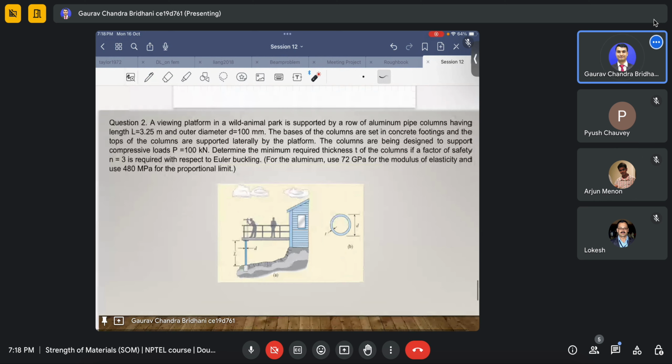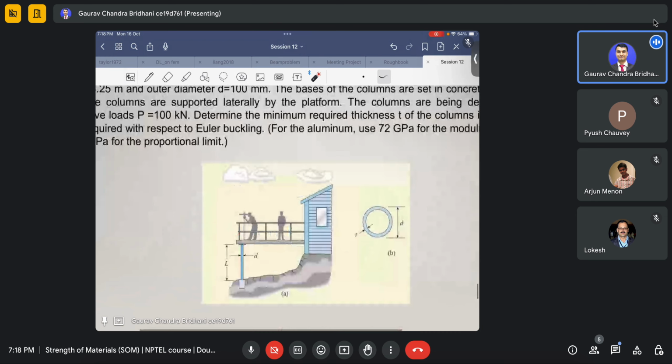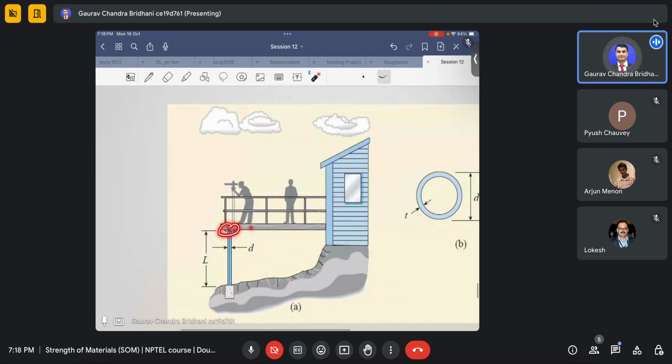So the base of the aluminum columns are set in concrete footing, and the top of the columns are supported laterally by the platform. So this top here is supported laterally by the viewing platform, which means it will not move laterally. It is supporting it in the lateral direction. That means it won't move in this direction.